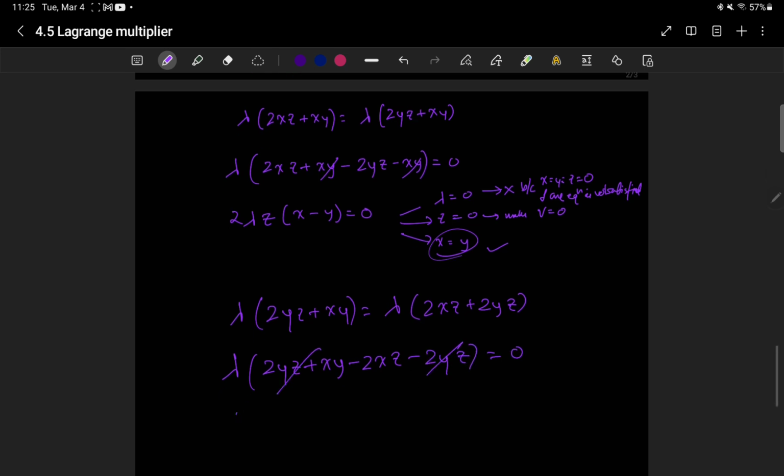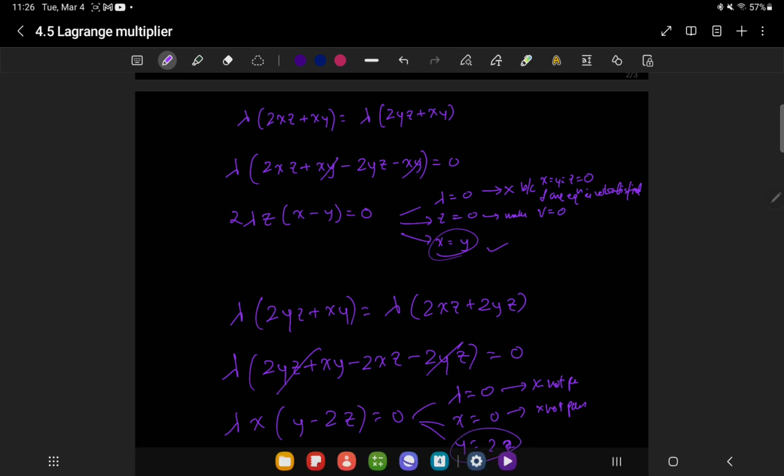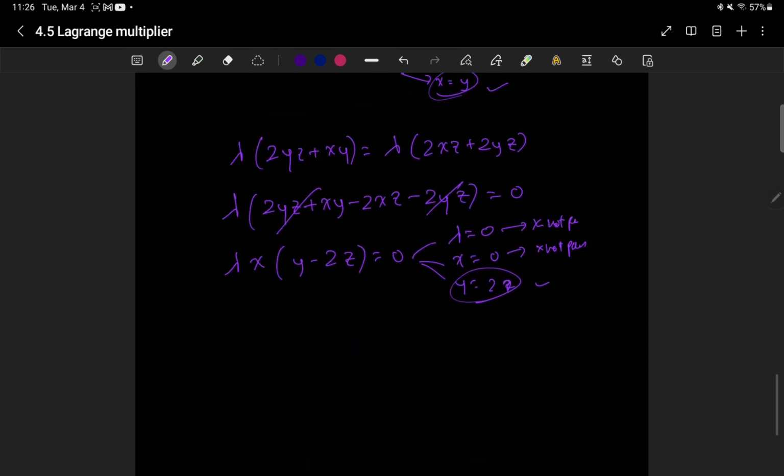Cancel. Same thing happens here. Lambda times x times (y minus 2z) equals 0. Again, the same possibilities. Lambda 0, x 0, y equals 2z. The first two are not possible for the same reason as before. So we get y equals 2z.